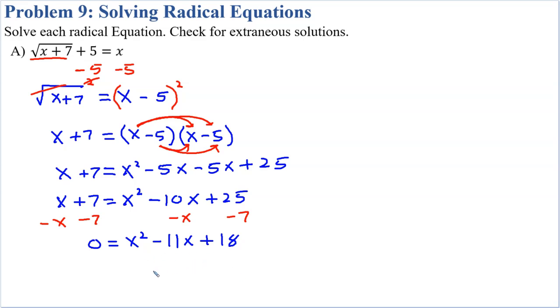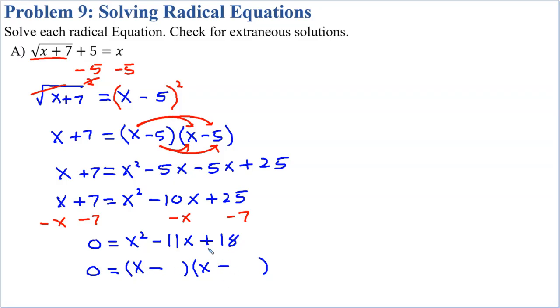And then solving this guy, you can either use the quadratic formula or factor it. Up to you. I'm just going to factor this one. To get that x squared, I'll have just an x and an x. If I want something minus here, and positive at the end, we'll have to have two negatives.